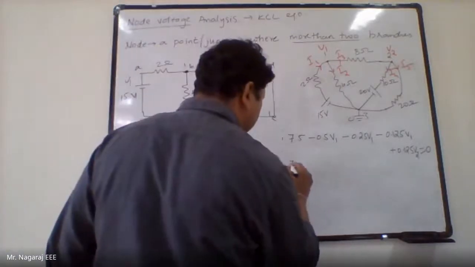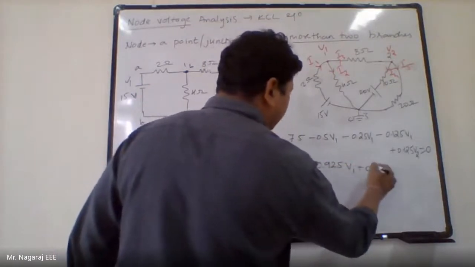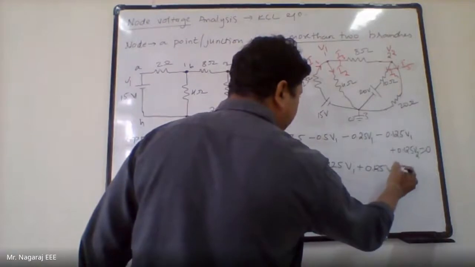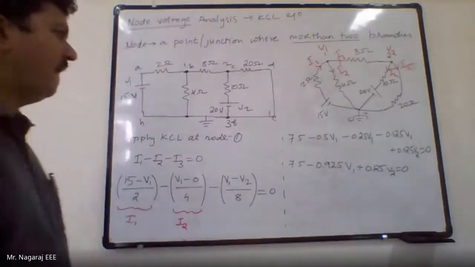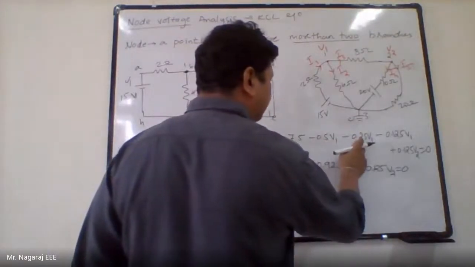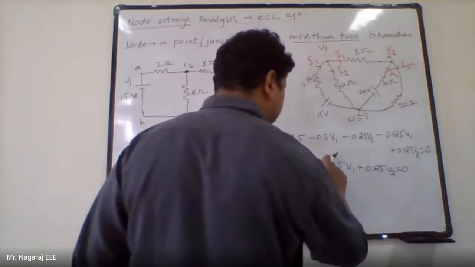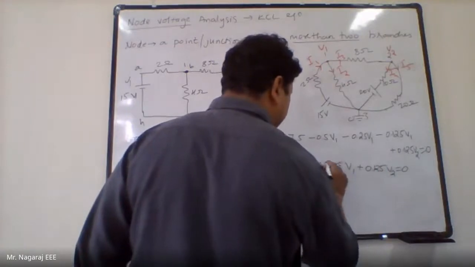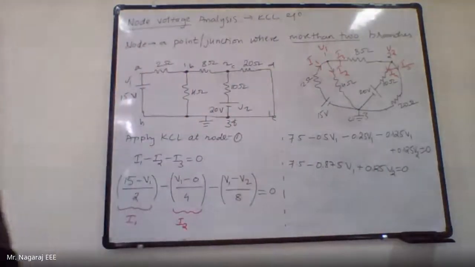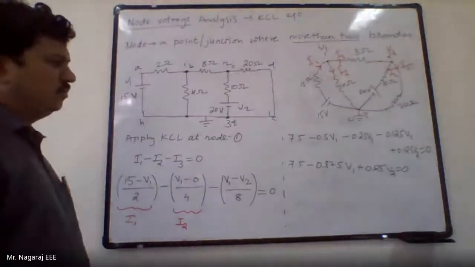So this is 7.5 minus 0.925 V1 plus 0.125 V2 is equal to 0. So not 0.95, not 0.825, 0.75, but 0.875 V1 plus 0.125 V2.